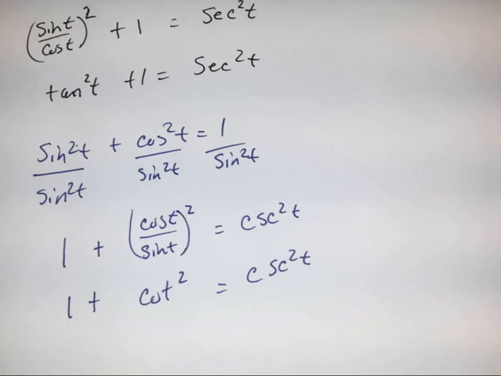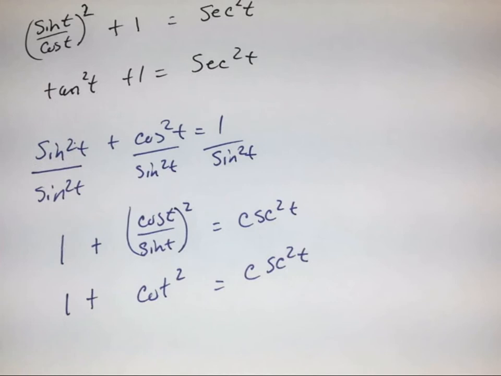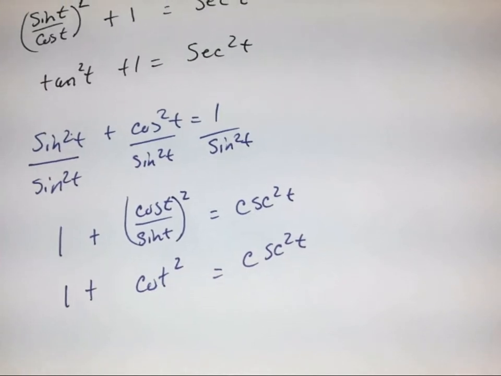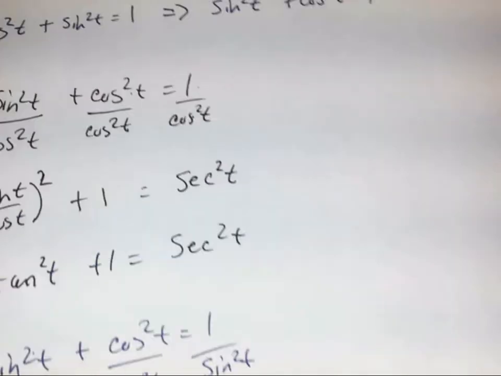All right, so the next thing we're going to look at is using our identities here, and we are going to find all of the trig functions for a value of 1.